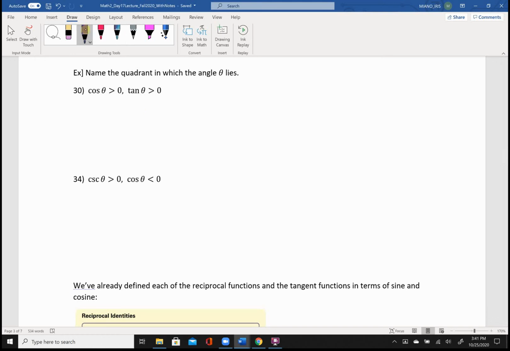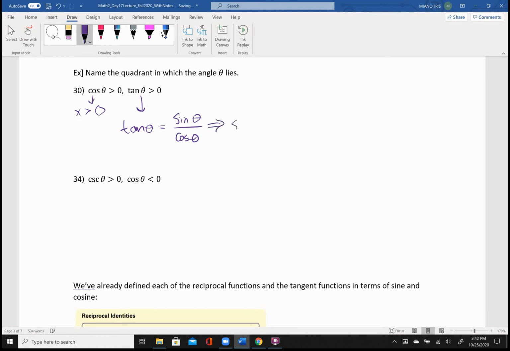So obviously for this one, we know that cosine being positive means that the x is positive. So x being positive, it's either in quadrant 1 or 4. And so from here, we need to determine, since tangent theta is equal to, if you recall, y over x, or sine theta over cosine theta, and since we know that the cosine theta is positive, the only way the tangent is going to also be positive is if the sine theta is positive as well.